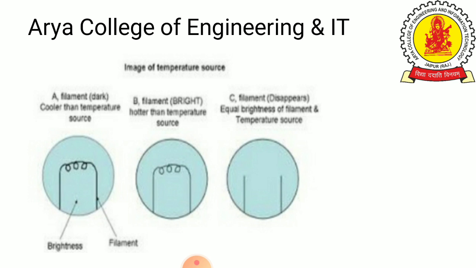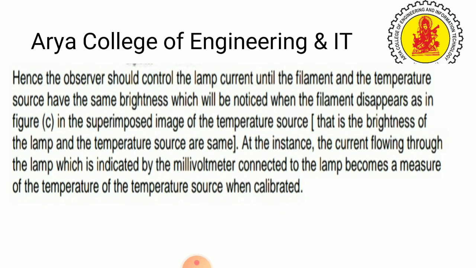Now this condition is very important during the operation of optical pyrometers to measure temperature. Hence the observer should control the lamp current until the filament and temperature source have the same brightness, which will be noticed when the filament disappears in the superimposed image of the temperature source, as in figure C. That is, the brightness of the lamp and temperature source are the same.